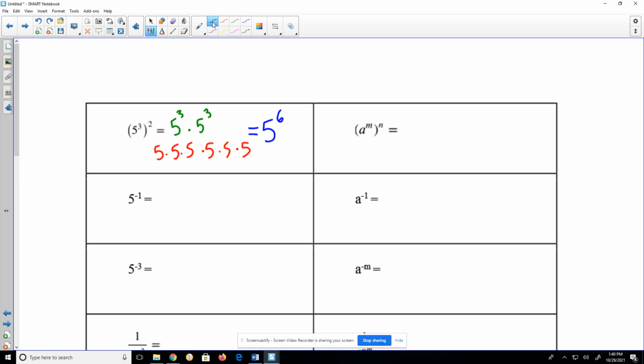So when we have a power raised to a power like this, we multiply the exponents, okay? So 5 to the third squared is 5 to the sixth. So a to the m to the nth power is a to the m times n.